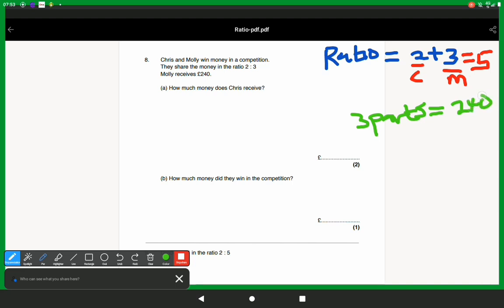Molly is taking ratio 3 and 3 parts equals 240. If 3 parts equals 240, then 1 part should be how much?